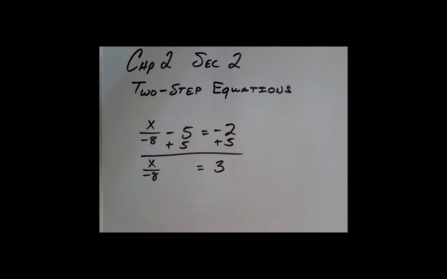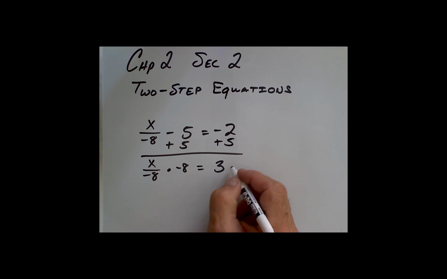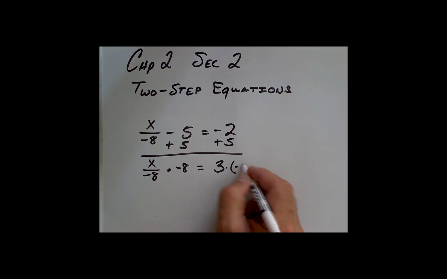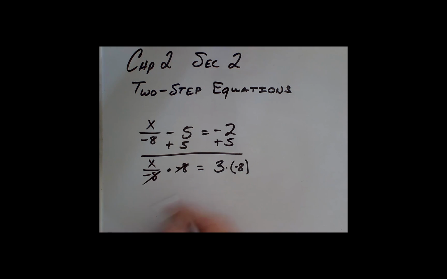So I'm going to just multiply by its multiplicative inverse, which in this case would be negative 8. This is negative 1/8, and we're going to multiply by negative 8. What we do on one side, we have to do on the other. This cancels out. We're left with an x here. This equals 3 times negative 8, which is negative 24.